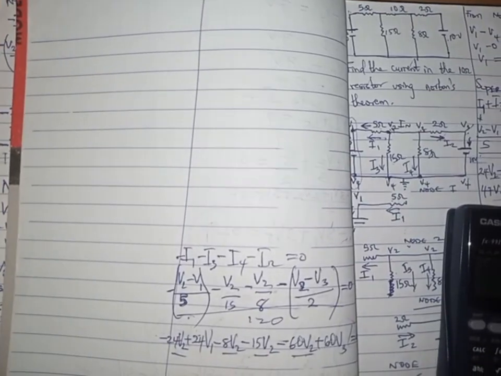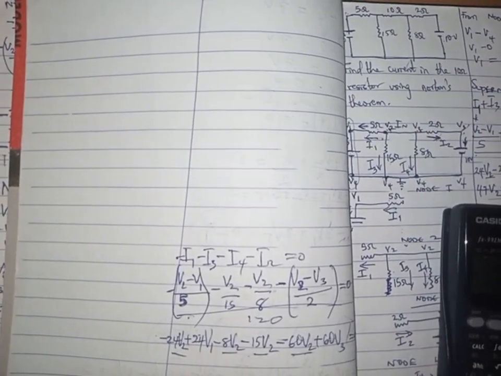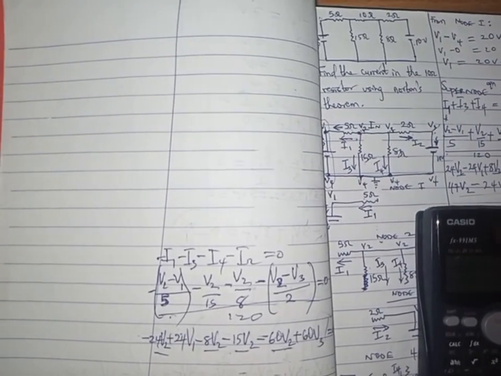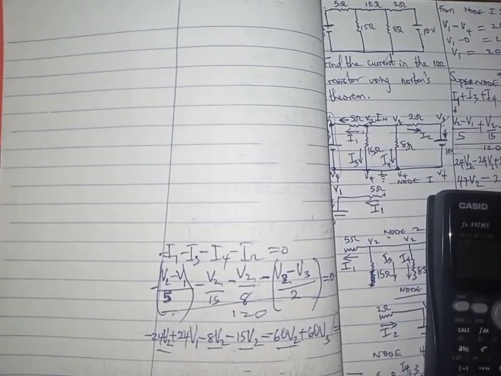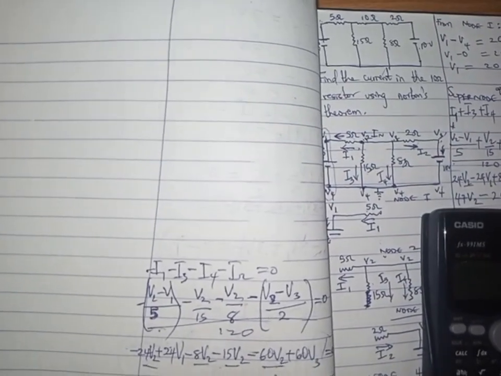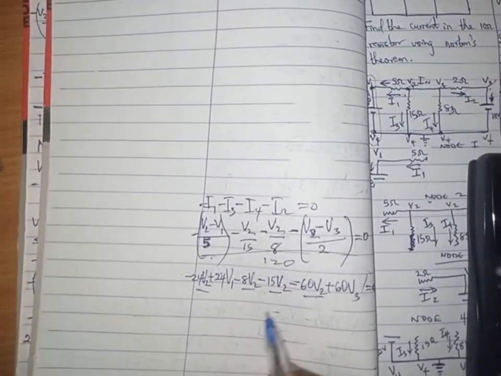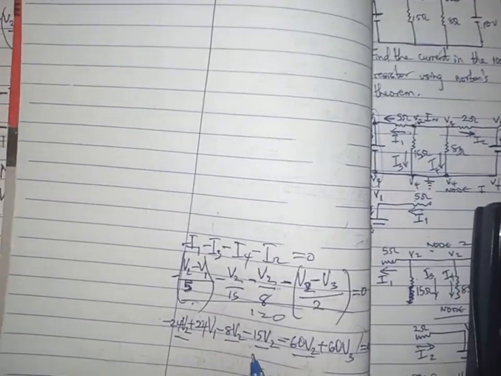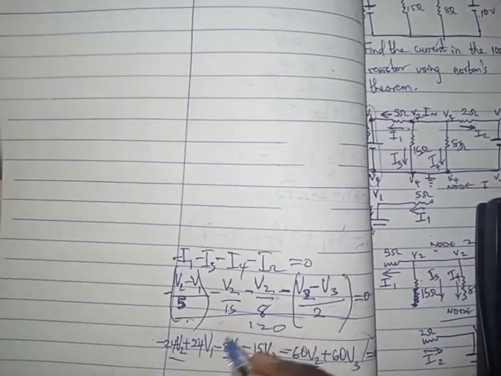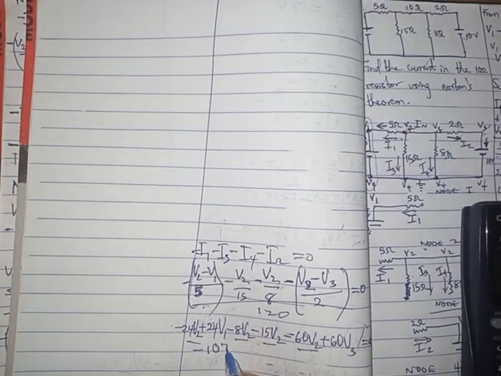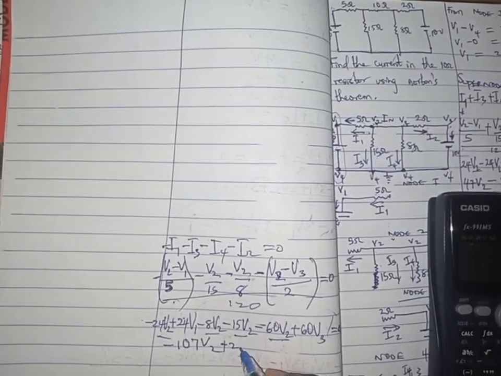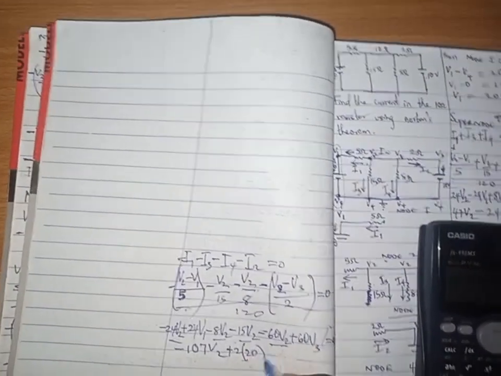So I have minus 24, minus 8, then minus 15, minus 60, so I have minus 107 V2. Then remember, this is plus 24 V1, and I have V1 already to be 20.